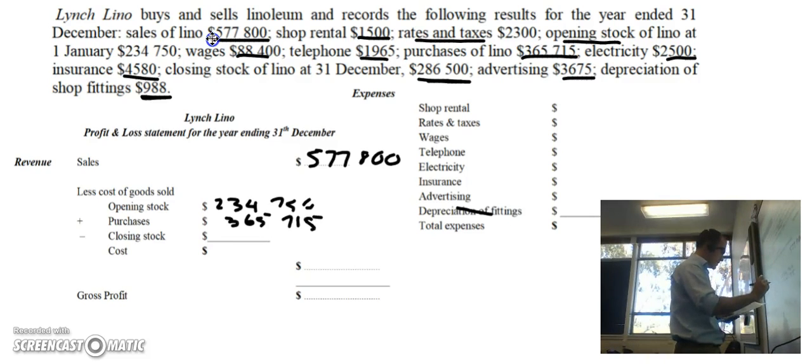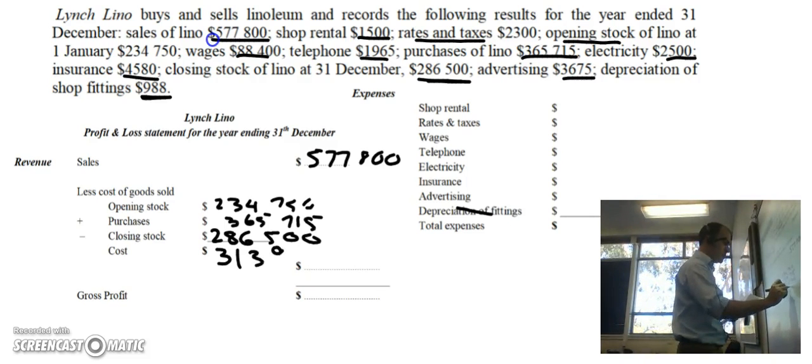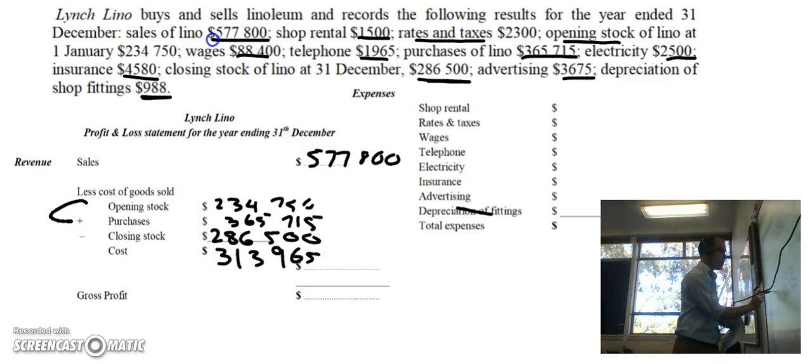And at the closing stage, we had $286,500 of stock on hand, which means the cost of goods sold was $313,965. So we had our opening stock, we added on the purchases, and then we took away what was left at the end.